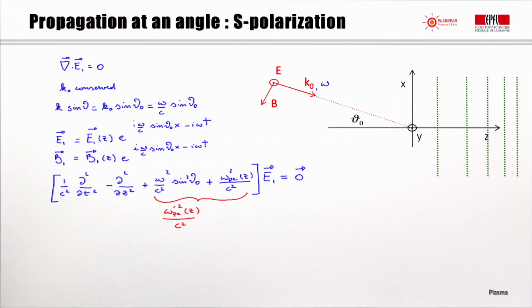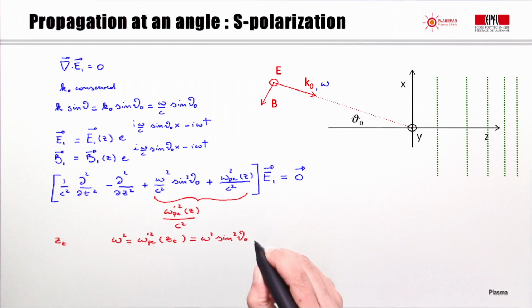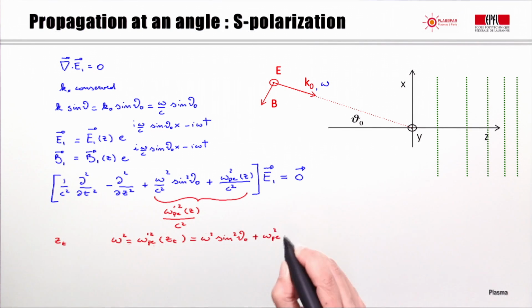However, the turning point is now given by a different condition. In fact, the turning point is given by the condition that the frequency square is equal to omega p prime square at the turning point, omega pe square at the turning point.